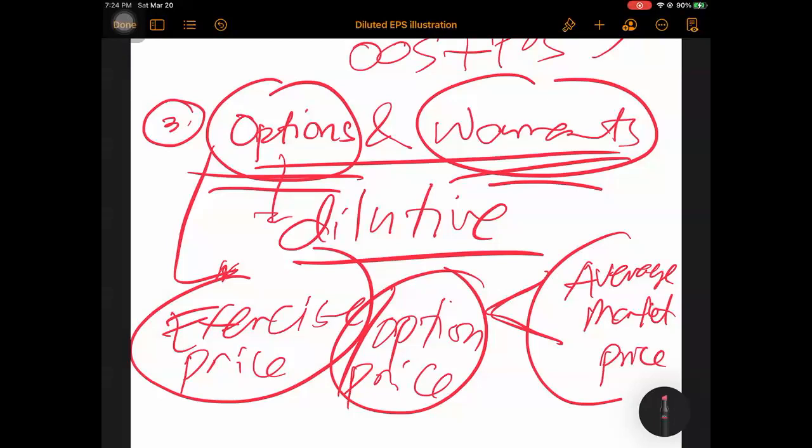However, for employee share options, the exercise price or option price shall include the fair value of any services to be supplied to the entity in the future under the option plan.